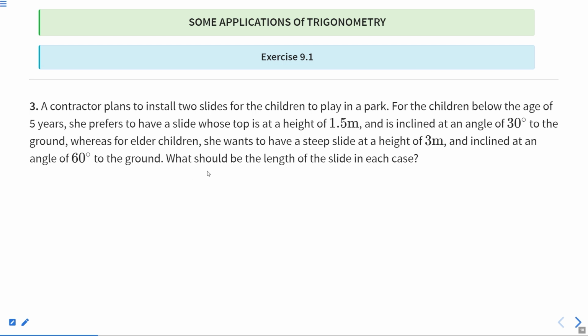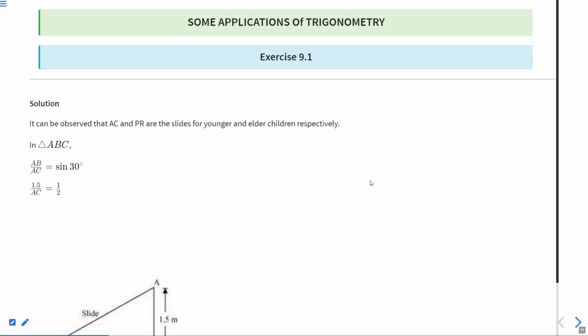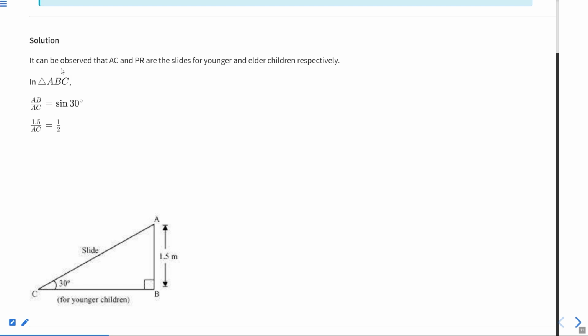Okay, so here basically it asks to find the length of the slide in each case. Okay, so let us solve it. So here it can be observed that AC and PR are the slides for younger and elder children respectively.